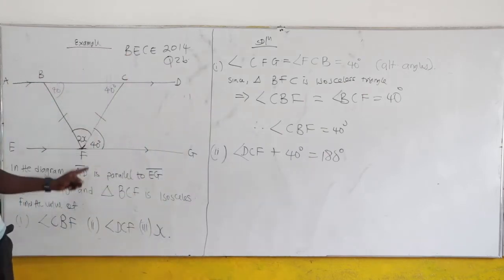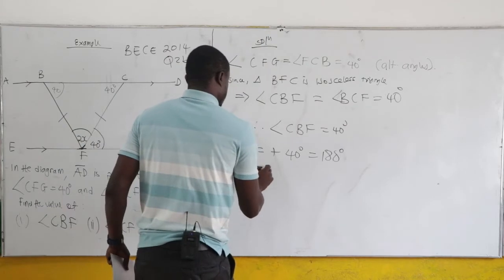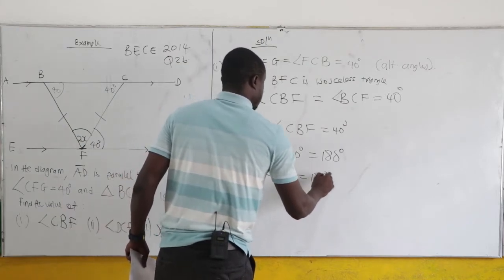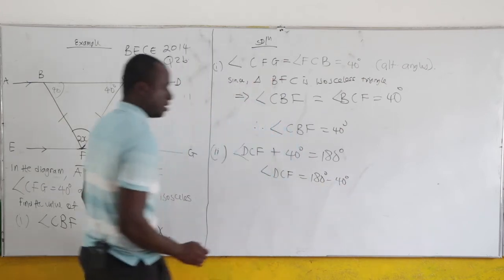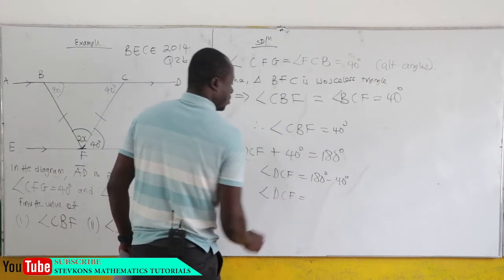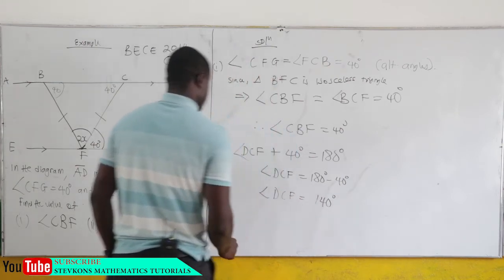Either we use the co-interior angles or sum of angles on a straight line. Therefore, our DCF is equal to 180 minus 40 degrees. This is 140 degrees.